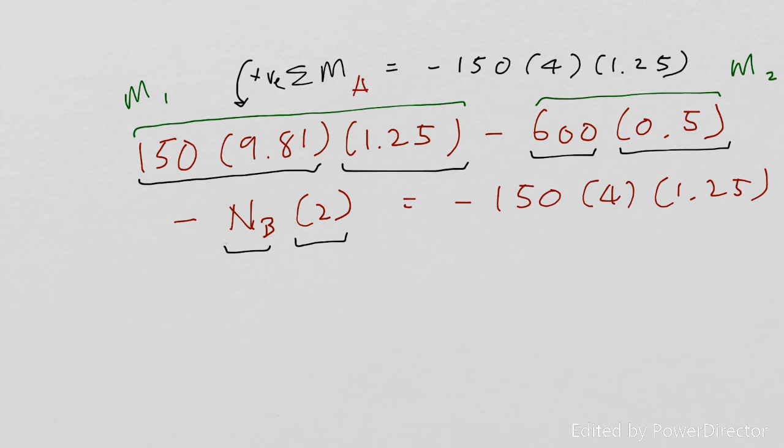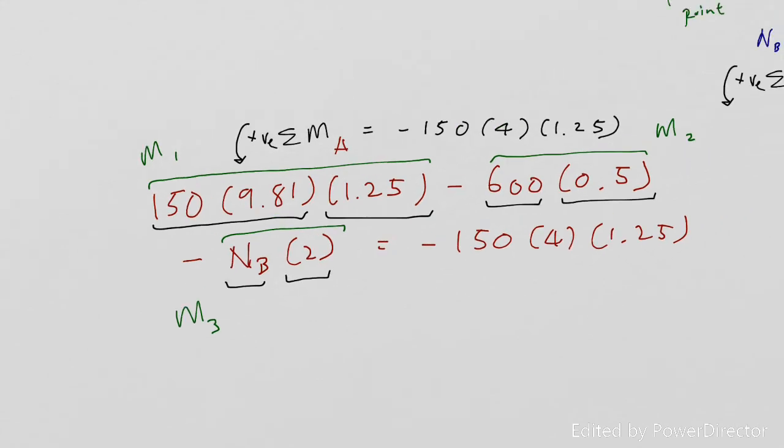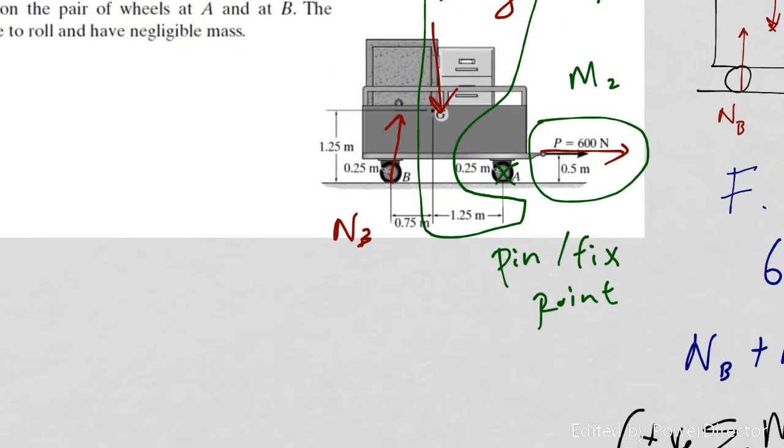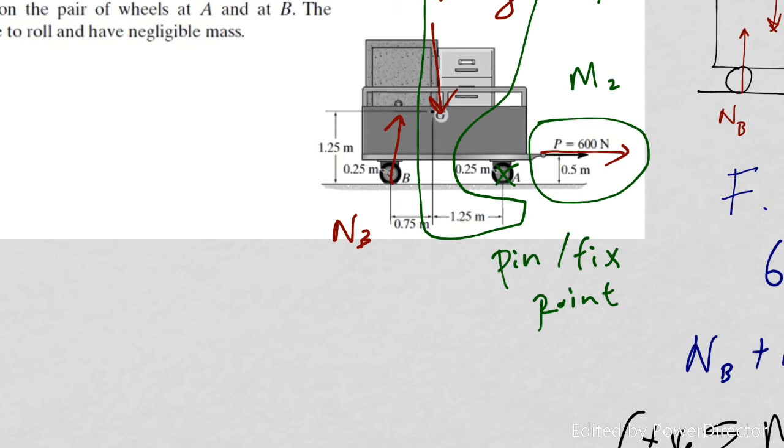And the last, that will be NB times 2, which is the distance, and this is our M3. So look at our NB, that reaction force towards A, the distance.